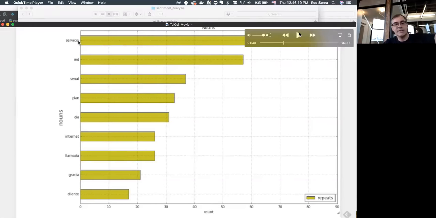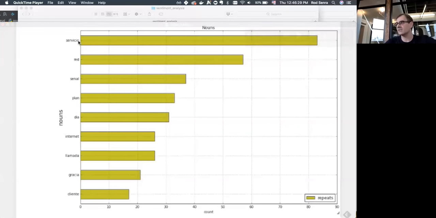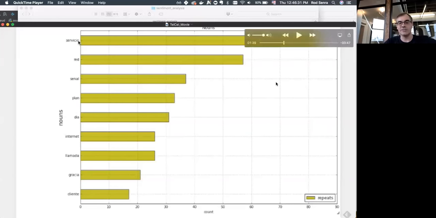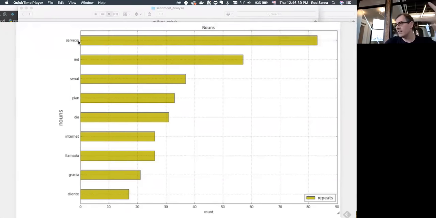These were the nouns that were most relevant across all the tweet base. We see that the top ones become the interesting topics that we should analyze. For instance, the service, the network, and the signal. We see that they are very closely related because it's people complaining because they cannot use their phone.